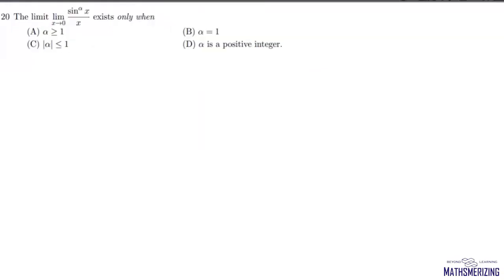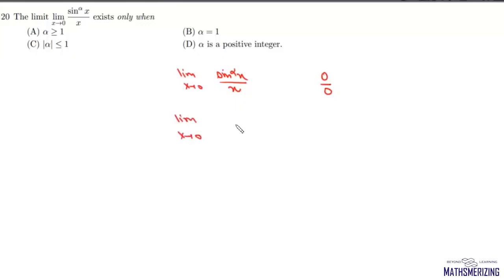Now question number 20 is, limit x tends to 0 of sin x to the power alpha upon x, it exists only when which of the following options is correct. Now for alpha less than 0, this sin x will be in the denominator, then we'll get 1 upon infinity, and for that case we won't get any result. So for alpha greater than 0, we'll have this limit in the form 0 upon 0. Now we'll use L'Hopital's rule.